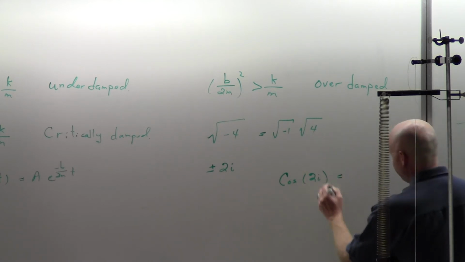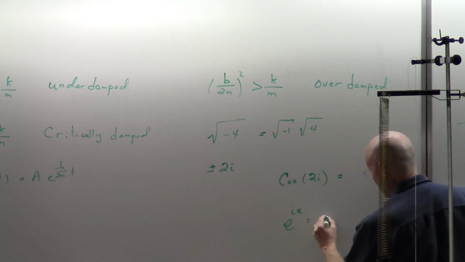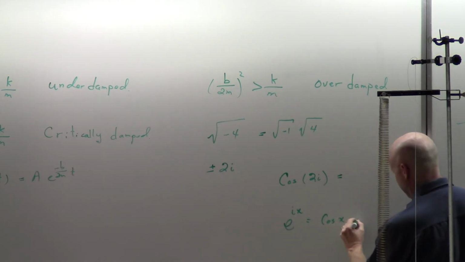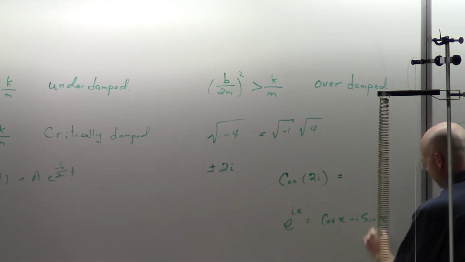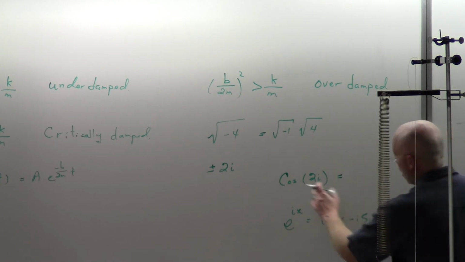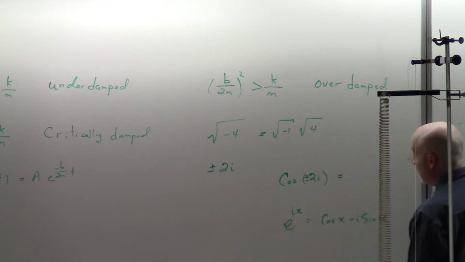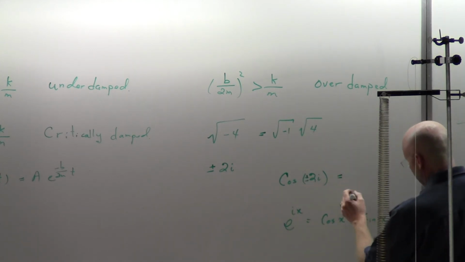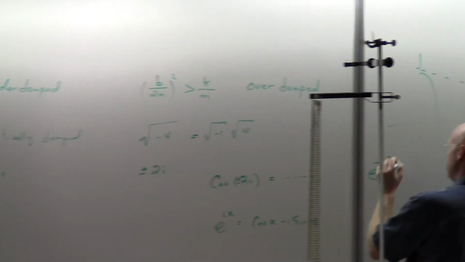And without proof, if you're familiar a little bit with complex numbers, e to a complex number is a trig function. And so cosine of plus and minus i then reduces to e to the minus 2.